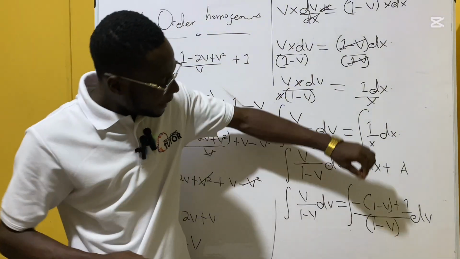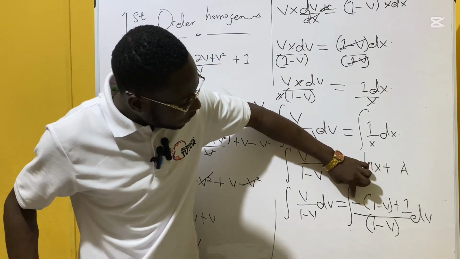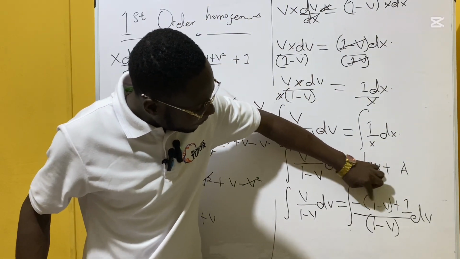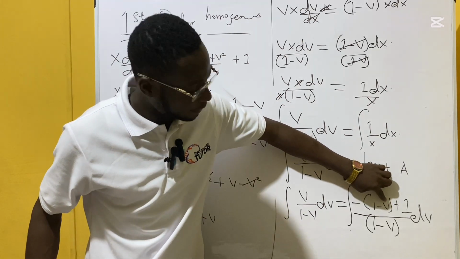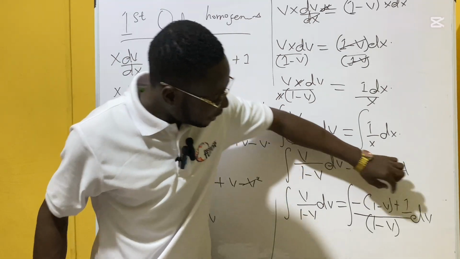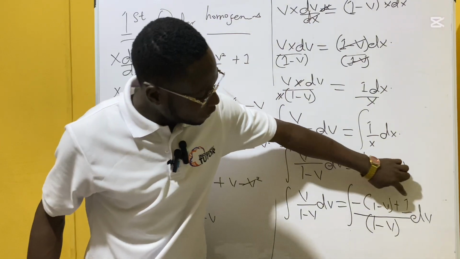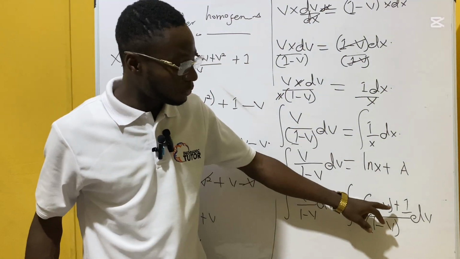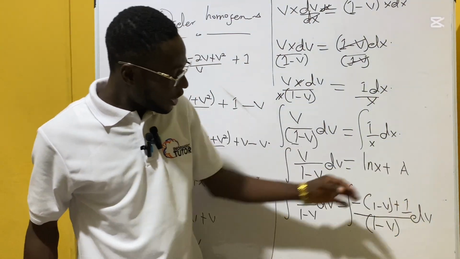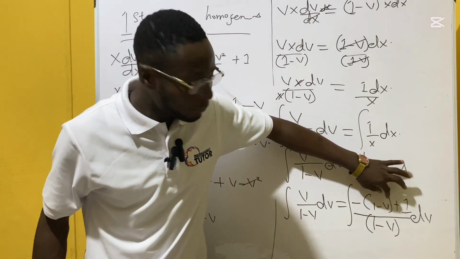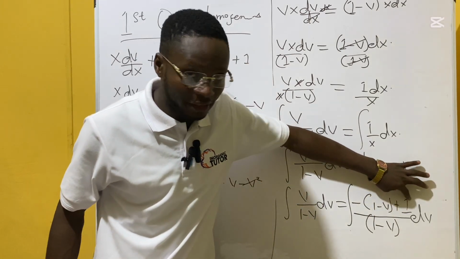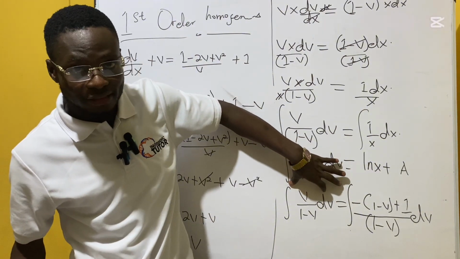You know why? When you expand this, you're going to have minus 1 minus minus v, so it's going to be minus 1 plus v. Okay, plus 1. Now, minus 1 plus 1 is 0, and still we have our v there. So we did algebraic manipulation here. So we have minus into 1 minus v plus 1, and that comes back to this.